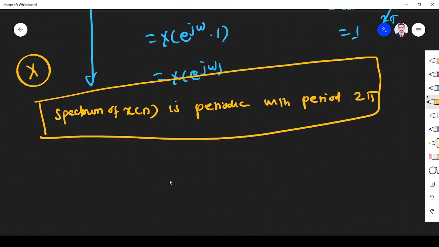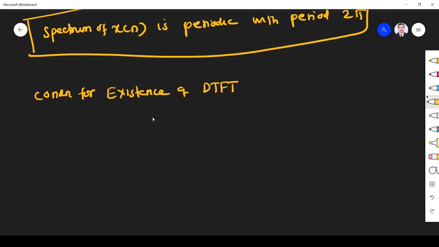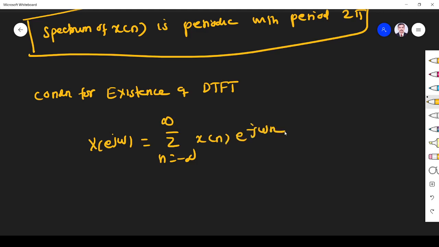Okay. Next thing we have to know is the condition for existence of DTFT. We know DTFT of x of n is x of e power j omega, which is the summation from minus infinity to infinity of x of n e power minus j omega n.